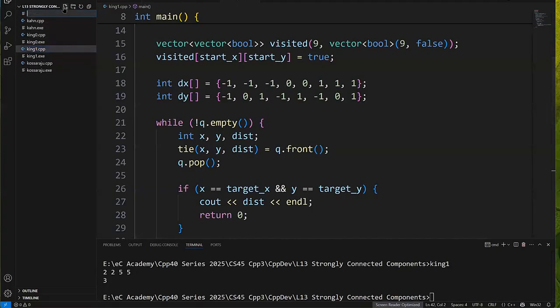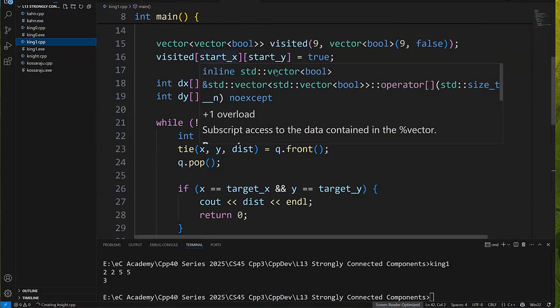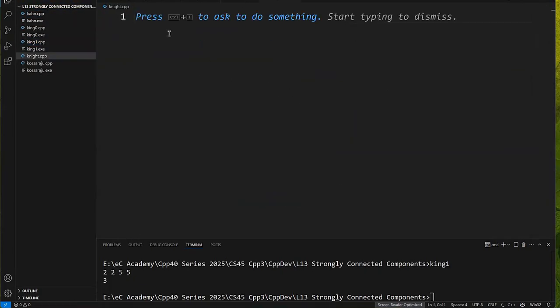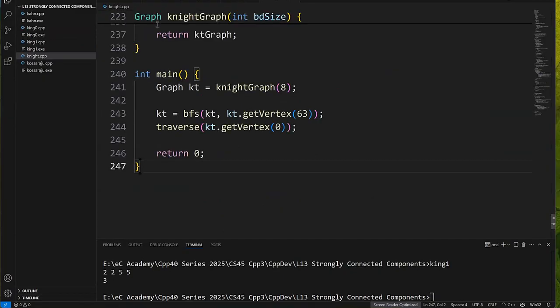Okay, so right here, let's call it night. So this one, you create a night graph with 8 by 8, okay? And you do breadth-first searching, and you do traversal over it.